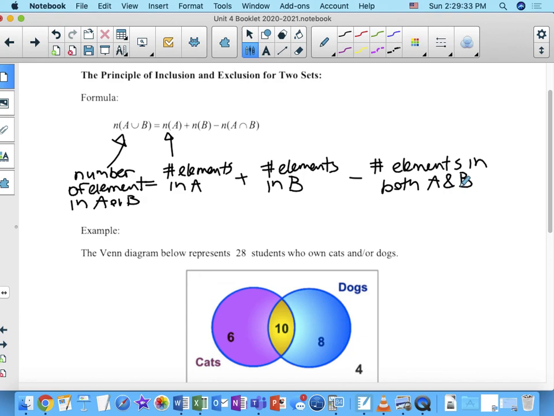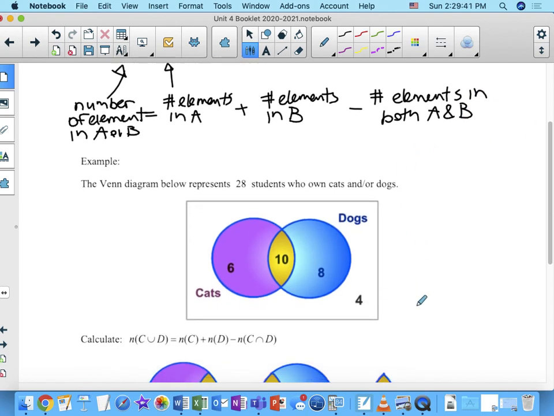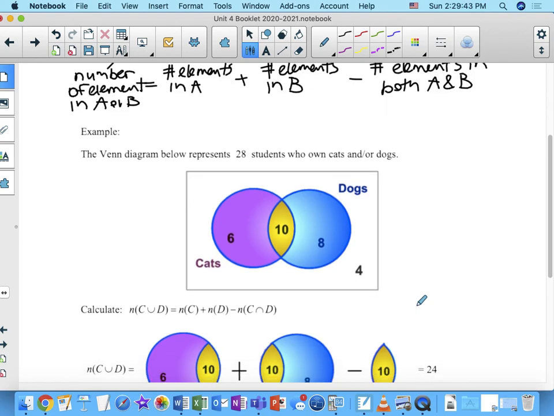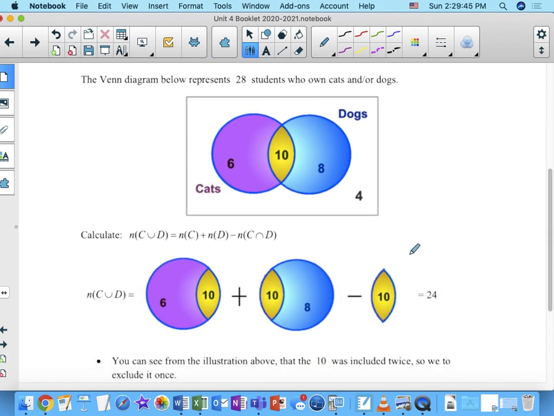And so we're going to look at what this looks like in a Venn diagram. And we've also kind of already talked about it when we talked about the examples from yesterday where we had more responses than we did people. Okay, so let's take a look at this Venn diagram here.